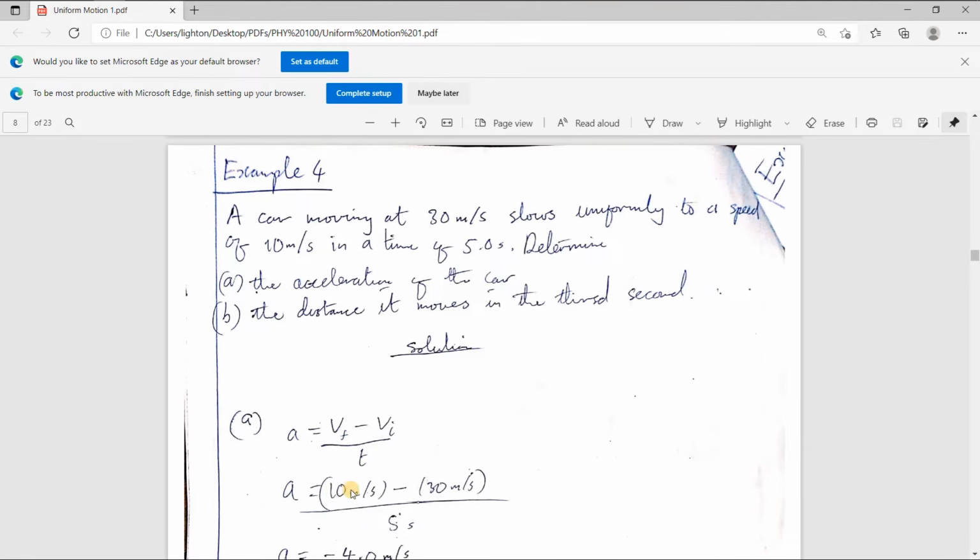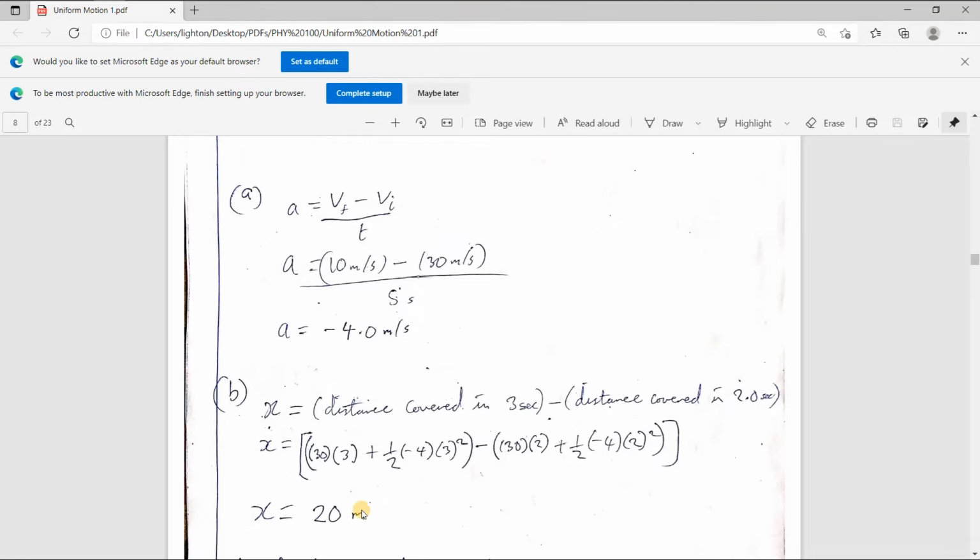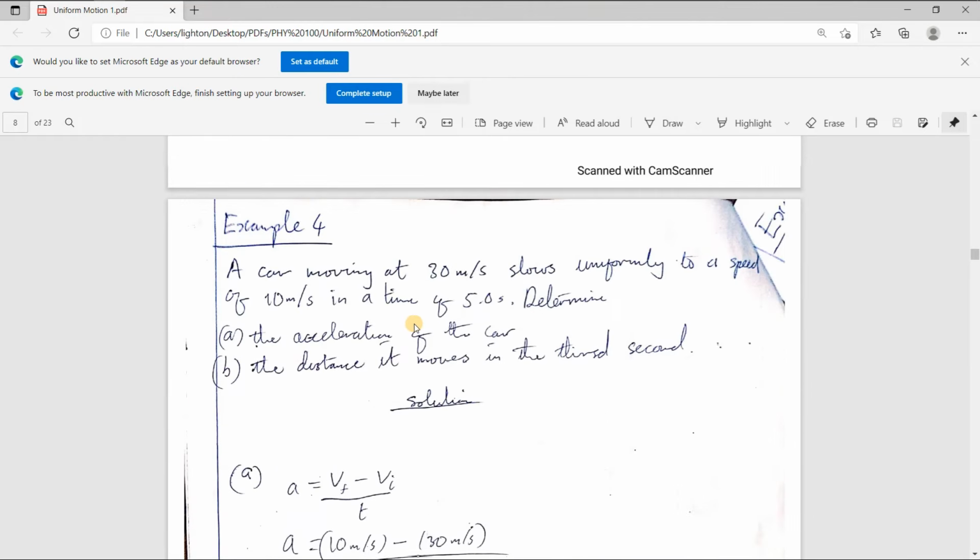Okay, final velocity minus initial velocity over time. So we've been given moving at this, slowing uniformly to a speed of this, which is that minus that over the time, which is 5 seconds. Working this out, we'll get minus 4.0 meters per second squared. So this is our acceleration.